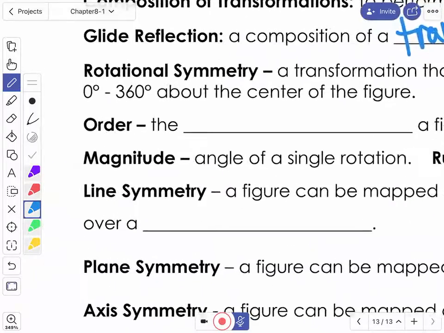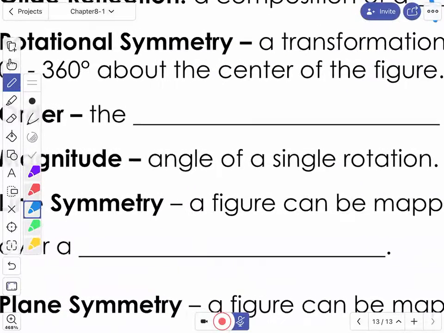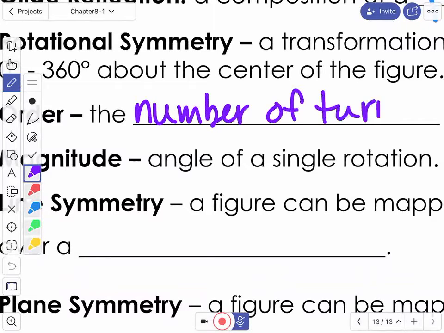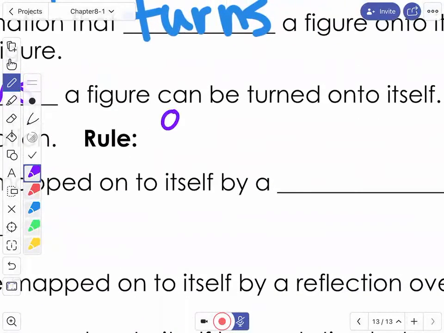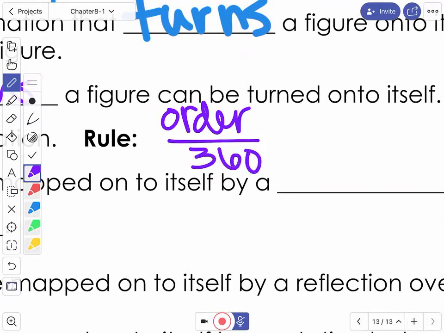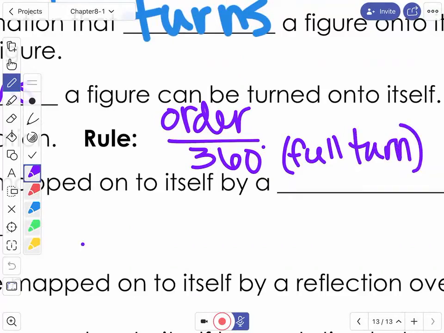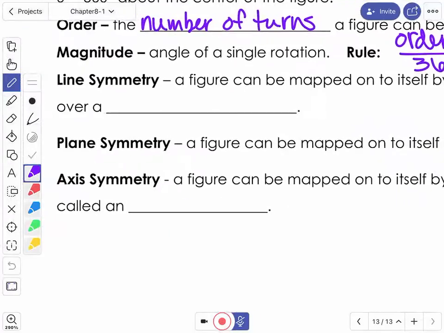Now, with the rotational symmetry, we got order, which was the number of turns that you could get in rotational symmetry, and magnitude was the order, that was a formula, divided by 360 degrees, which is a full turn. So order divided by 360.